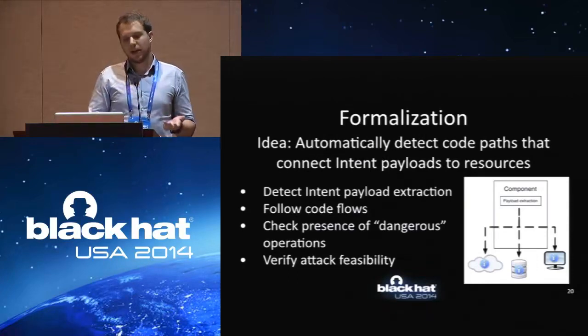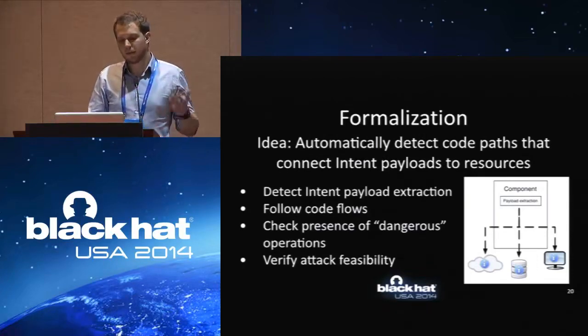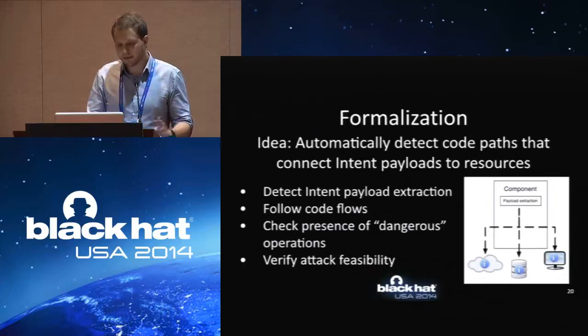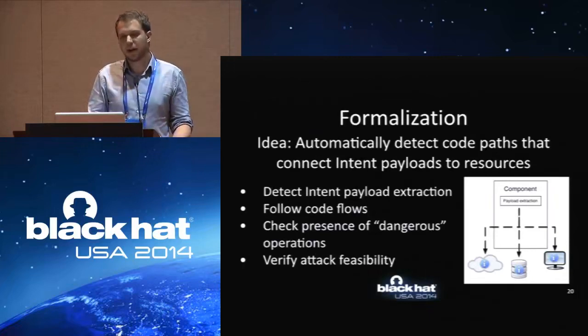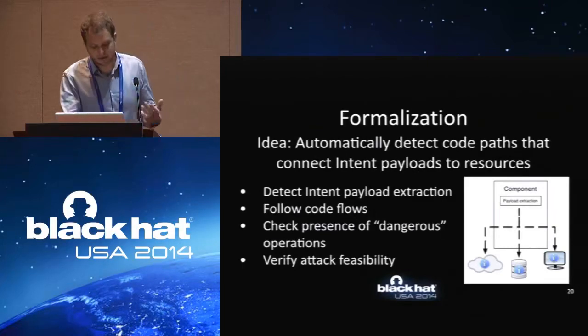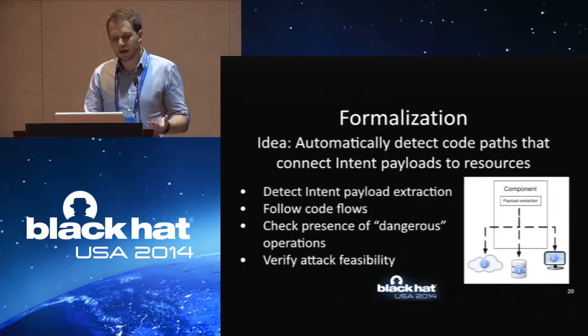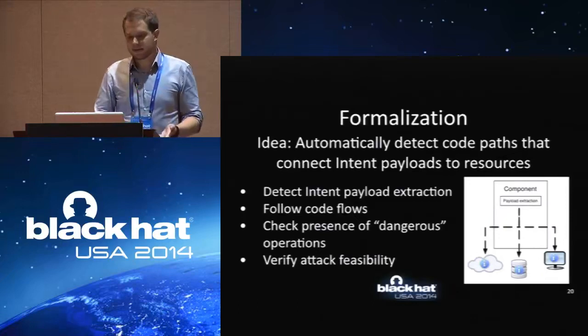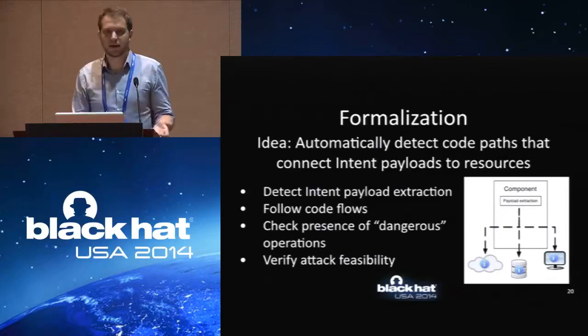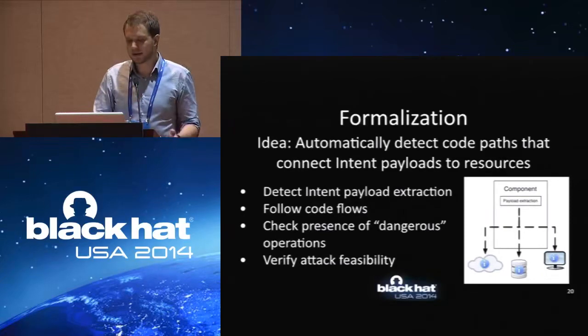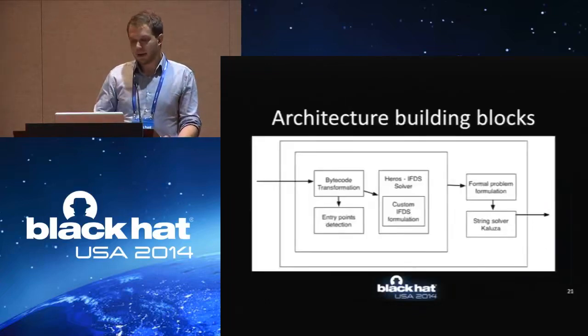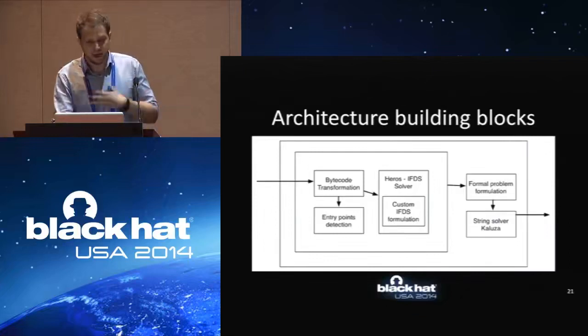First, we have to detect statements in the code in which the intent payload is extracted. Then we have to follow those variables along the code. Then we need to perform some checking whether the path actually encounters a dangerous operation or not. And in the end, if there is a report, we need to verify that this path is actually feasible at runtime.